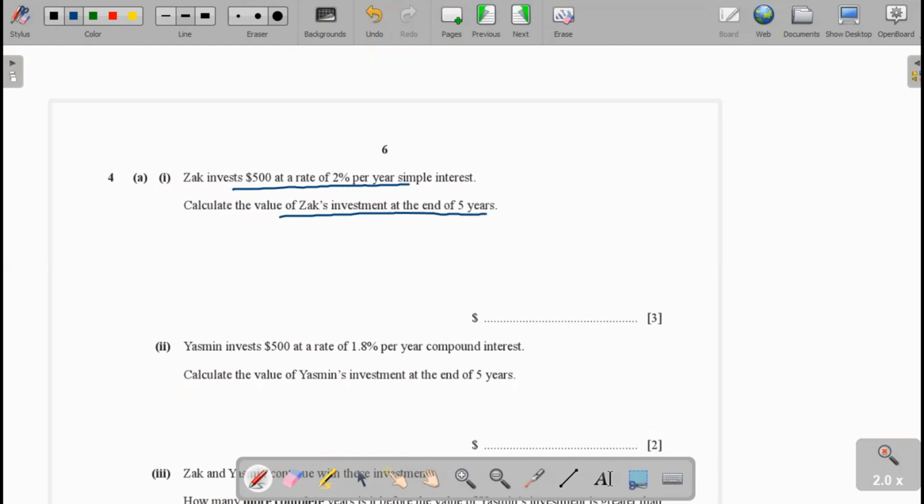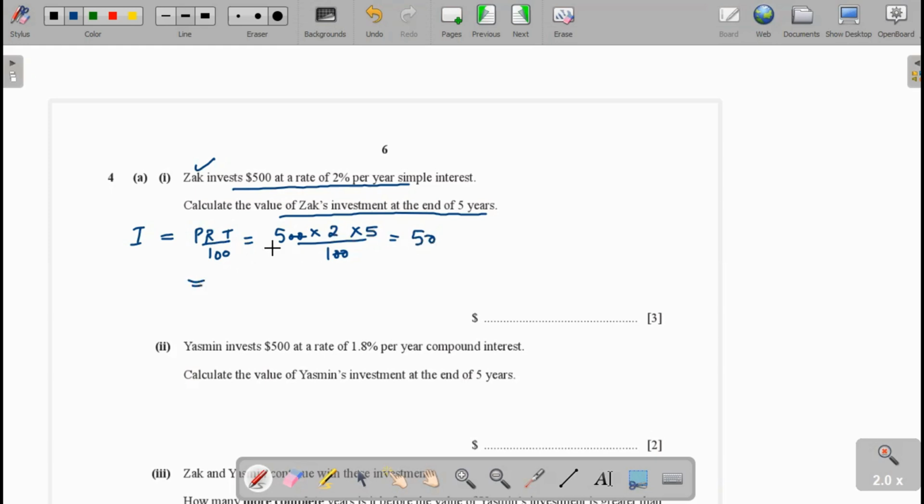Now firstly we find the interest on Zaka's investment. You see here the interest formula is PRT over 100. Now the investment is 500, the interest rate is 2%, and time is 5 years, divided by 100. Now the value becomes 5 times 10, which is 50.